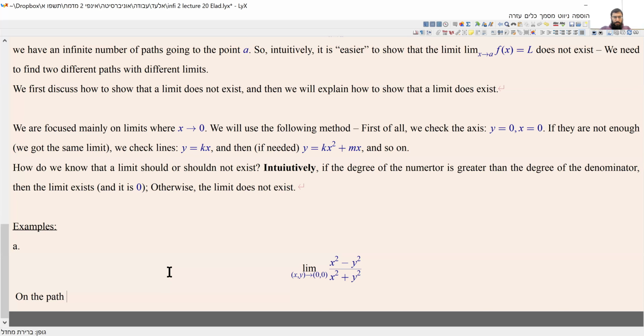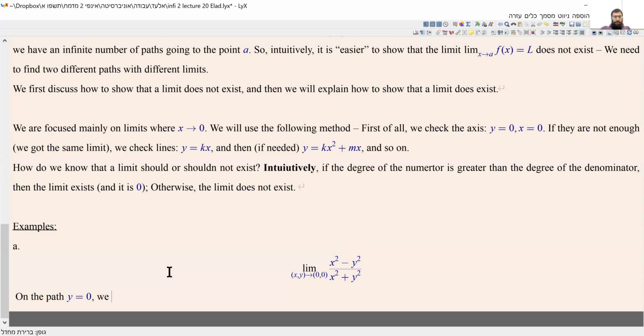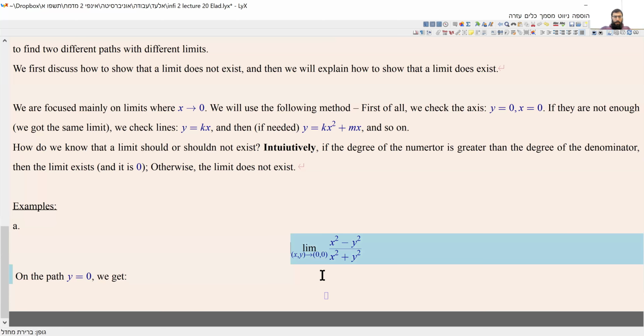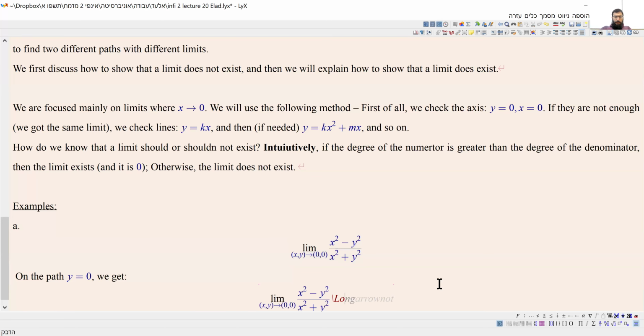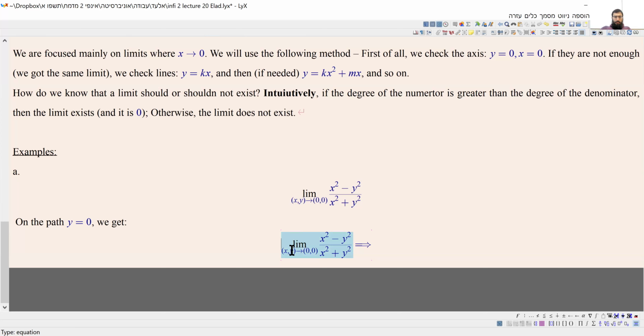On the path x equals 0, y equals 0, which is the x-axis, y is already 0, and x is the one left to march to 0.